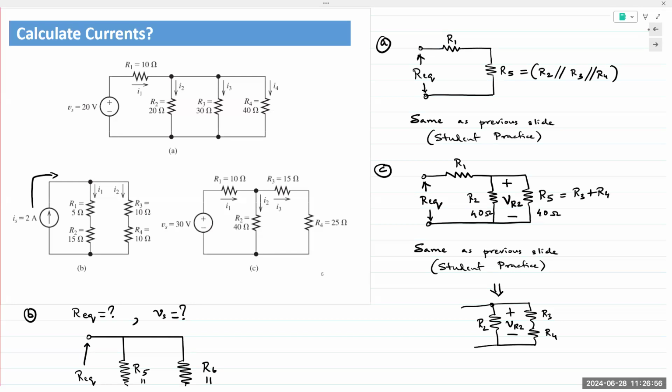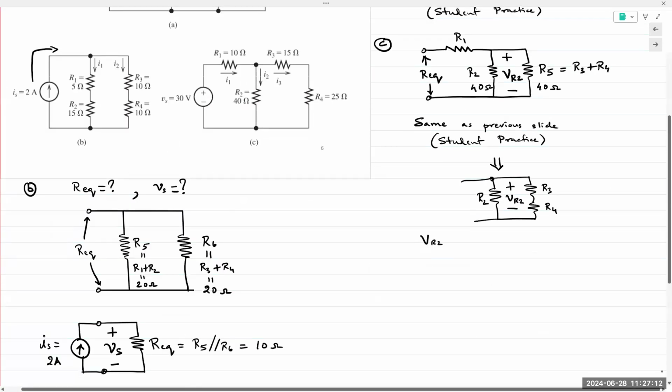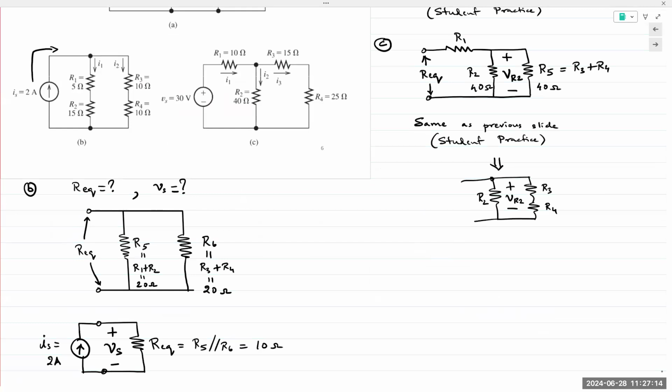So instead of finding the current and then finding the voltage across R3 and R4, I can directly apply voltage division and find VR3 and VR4. So VR2 is divided between R3 and R4.